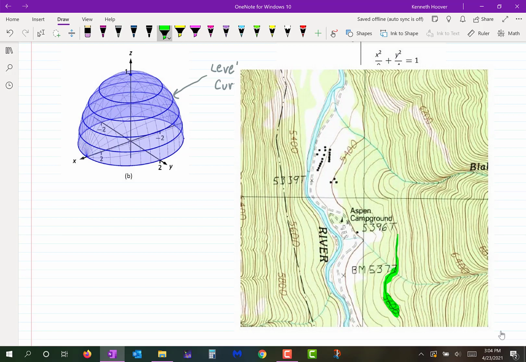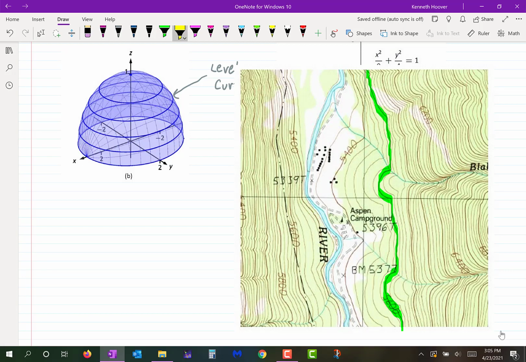You see that? So that's a line that is showing you all of the connected points on the map that are at an altitude of 5600 feet. If you walked along that path, you would not be going up or down. You would remain at a constant altitude of 5600 feet.